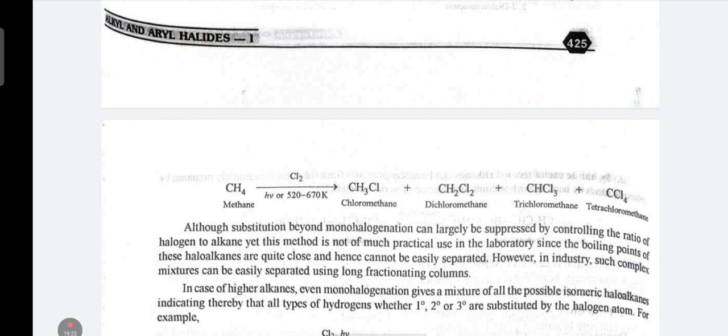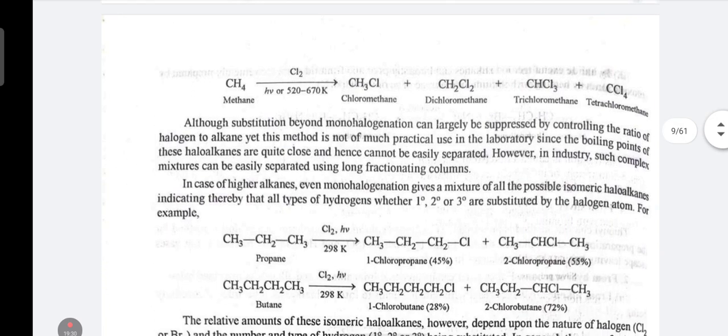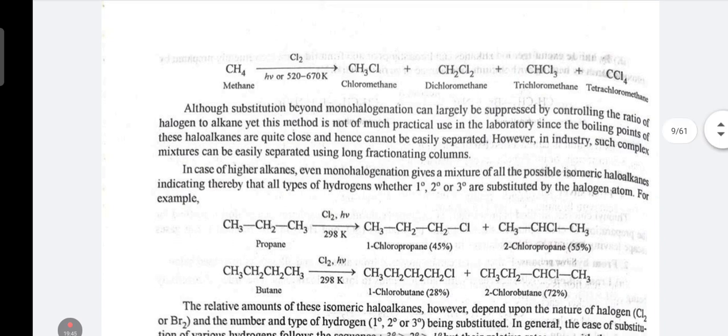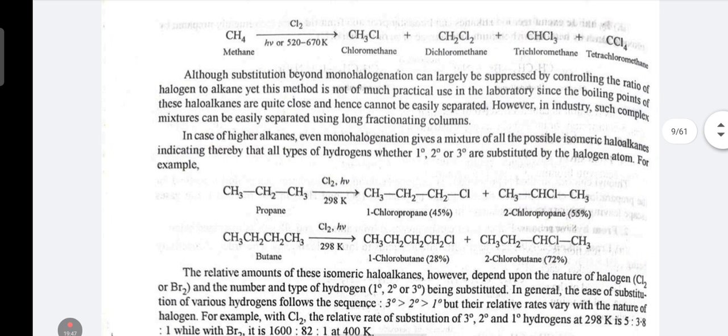Although substitution beyond monohalogenation can largely be suppressed by controlling the ratio of halogen to alkane, this method is not of much practical use in the laboratory, since the boiling points of these haloalkanes are quite close, hence they cannot be easily separated.